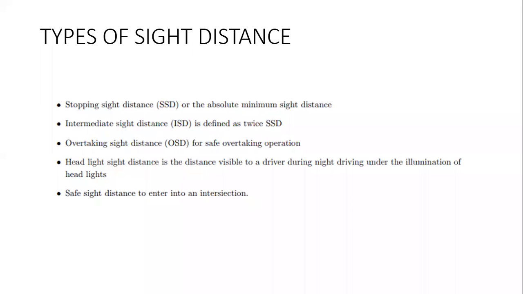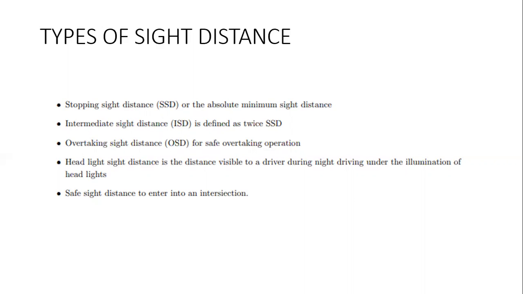So whenever you see an obstruction, you should have a sufficient sight distance to safely stop your vehicle without colliding with the obstruction ahead of you. That sight distance is called the stopping sight distance.